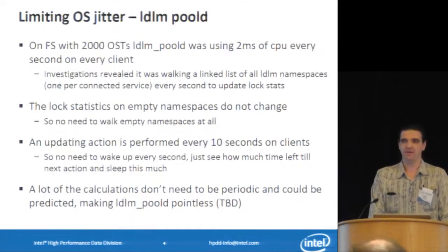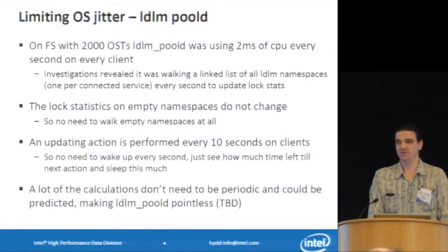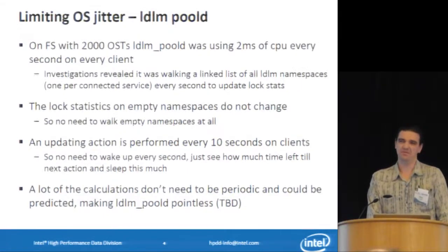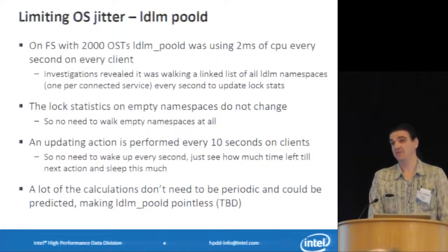The other kind of surprising message we got from Fujitsu is that the LDLM pool daemon actually takes lots of time. When I first heard about it, it was surprising. Like 2 milliseconds on a 2000 OST system on every client is kind of a lot. So I dove into that, and I found that there's really no good reason to do that.